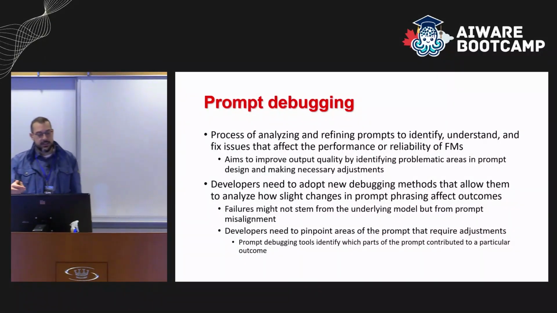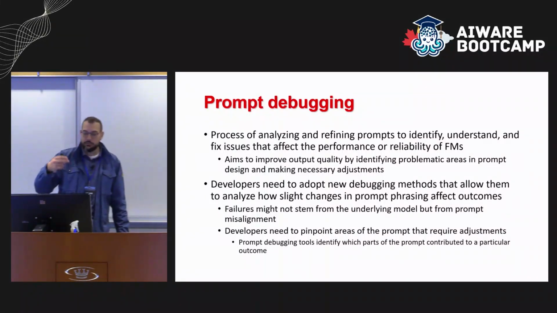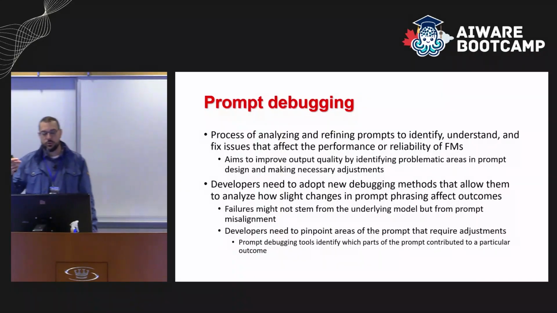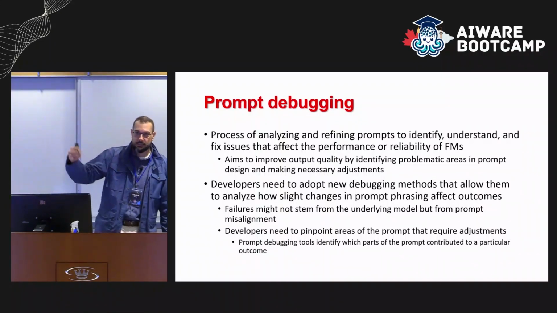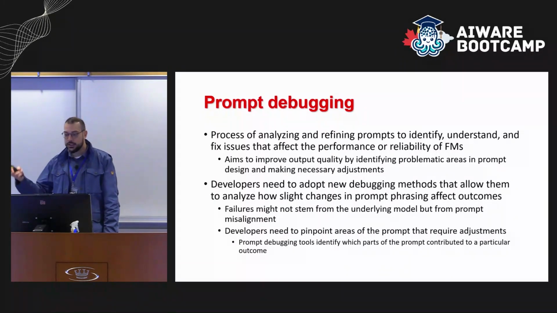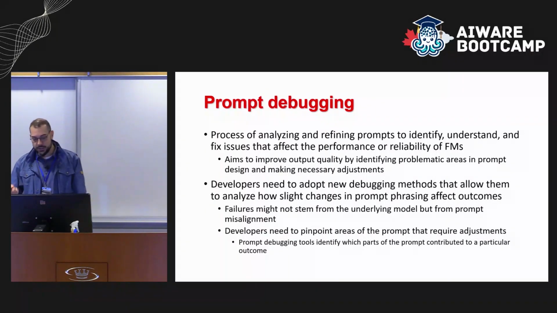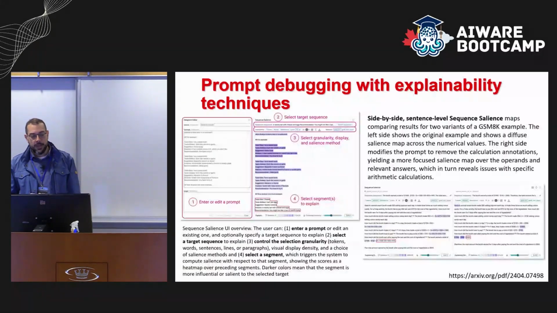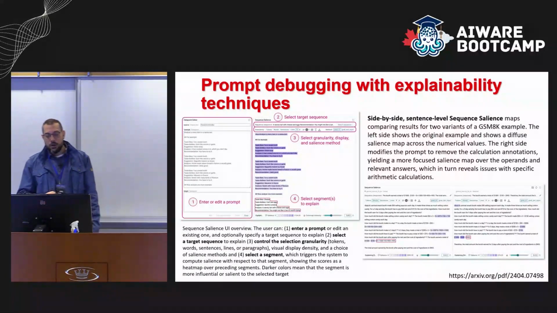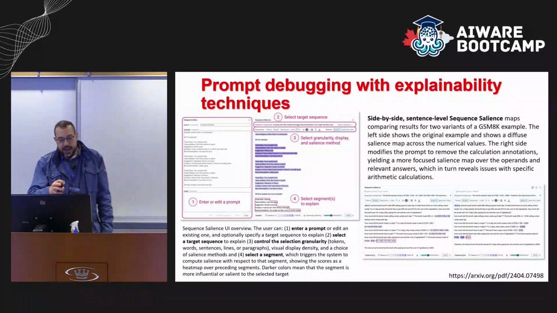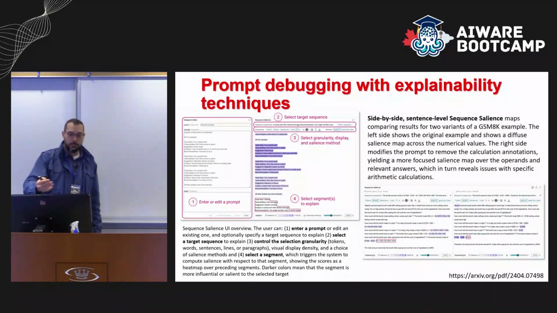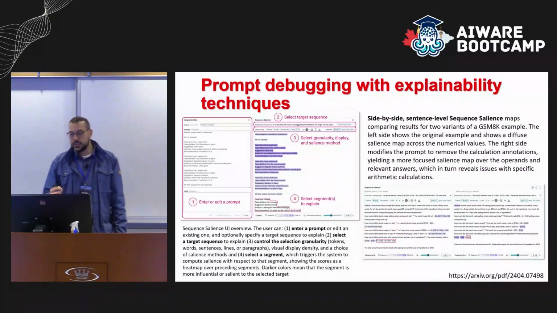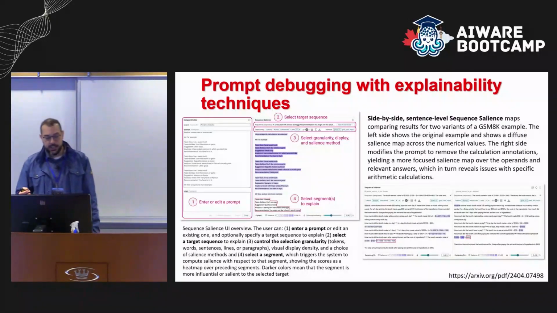Okay? So debugging is basically this process of analyzing and refining the prompts to identify, understand, and fix the issues that are affecting the performance or the reliability of the foundation models on a certain task. Okay? And right now, this is very much an HCI thing, but again, I'm just showing here how people are actually helping developers to debug prompts, and they use these explainability techniques.